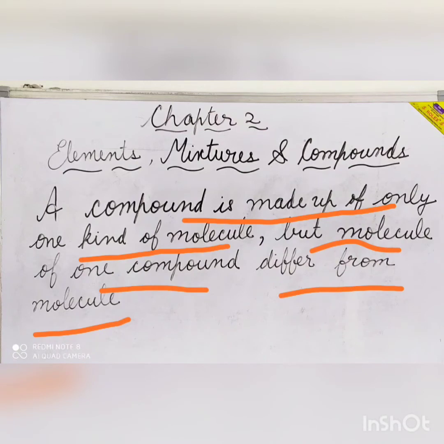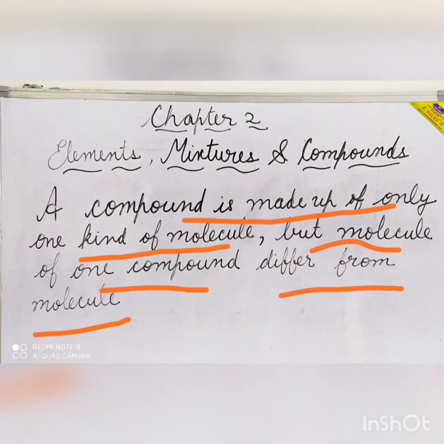Similarly, all molecules of carbon monoxide will be identical. However, there will be a difference between the molecules of sodium chloride and the molecules of carbon monoxide. Thus, the properties of both of them are different.